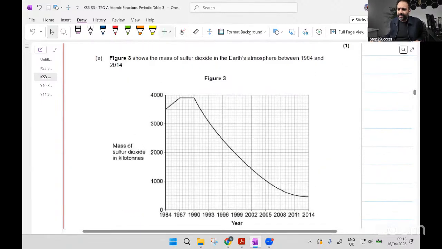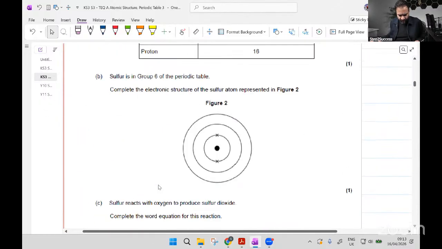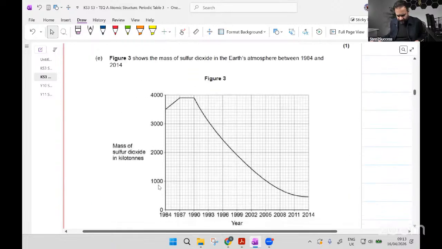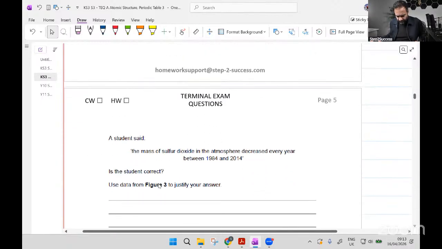I don't understand which one 1E is. Can we say to remove the oxide layer? So are we in booklet two? 1E. They show the mass of sulfur dioxide. Is that the question you're asking me about?